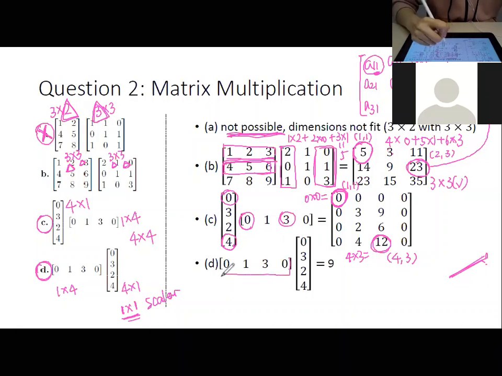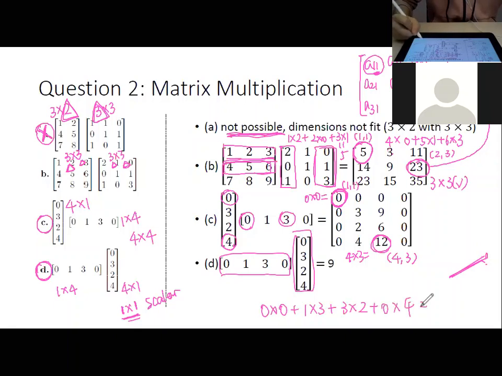Actually, there is only one row and only one column, so we just do the dot product. 9 is calculated by 0 times 0, 1 times 3, 3 times 2, and 0 times 4. So the result is 9. You can see that question C and question D seem kind of strange, but after we check the dimensions, they truly can do the matrix multiplication.